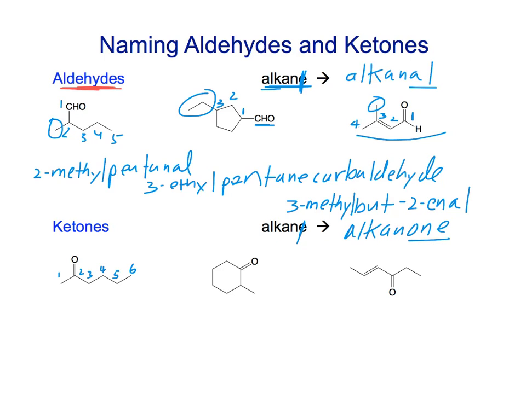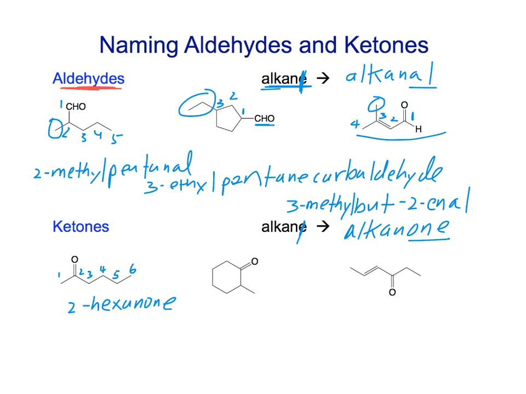Again, the longest chain has to include the functional group here. So this would just be 2. We have to put a number, and I think they put it out in front this time: 2-hexanone. It could probably be hexan-2-one as well.